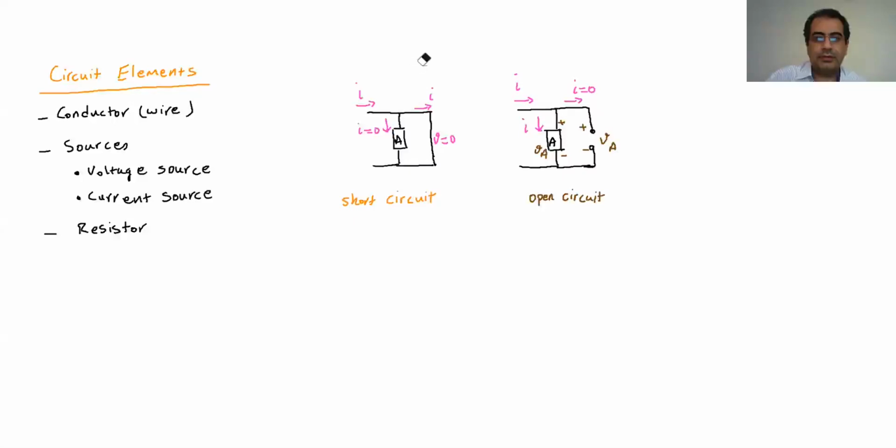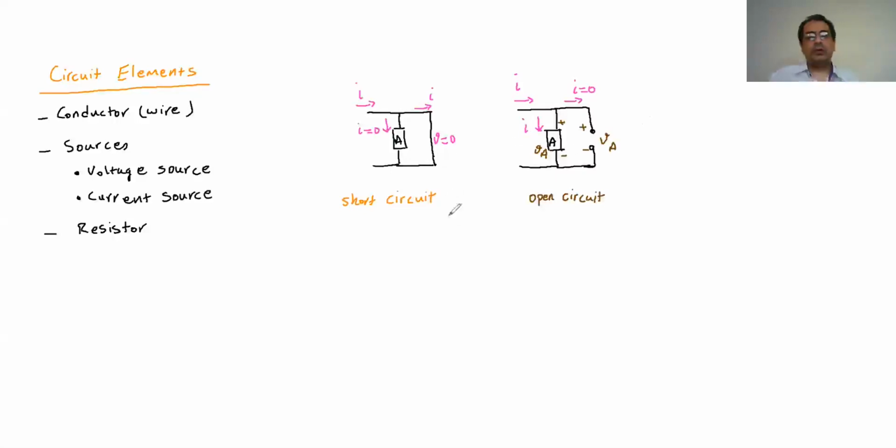There's no voltage there. In other words, if I have a wire along the element, all the current goes through the wire. If I have a wire along the element, but I cut it, no current goes through that, but it's going to have the same voltage as that element. These are two cases. Just remember or memorize them, because later on we use these two conditions for analyzing the circuit.